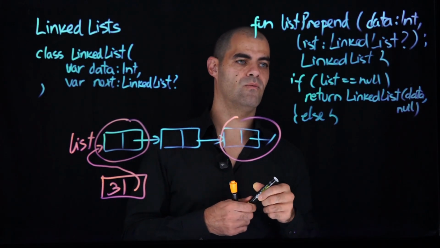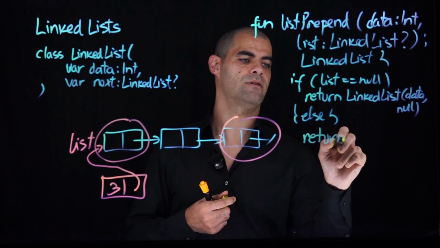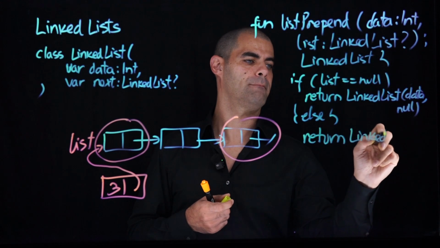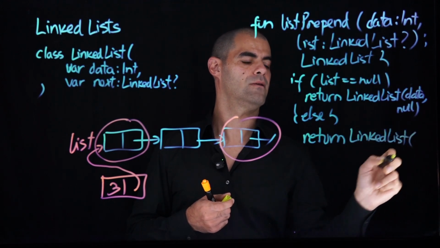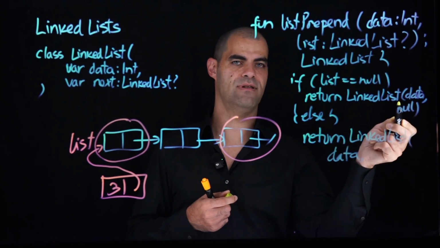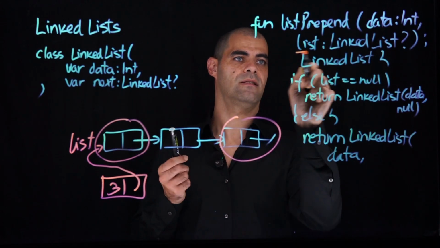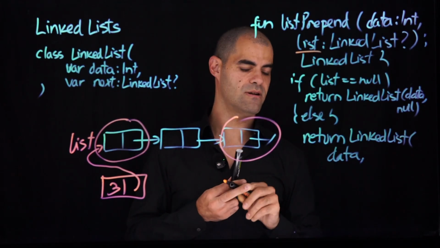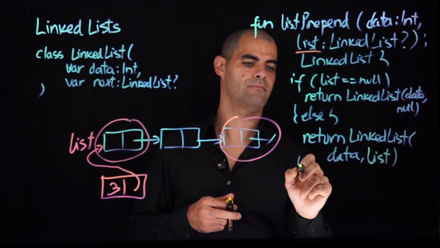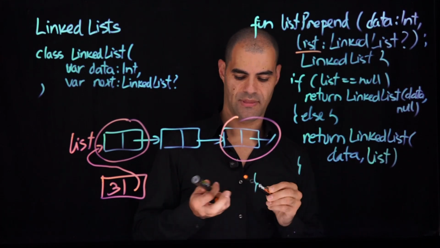And here, what we need to return is a linked list with our data. And instead of null now, we want to connect to this list here. So here we write list. And this would be our solution.